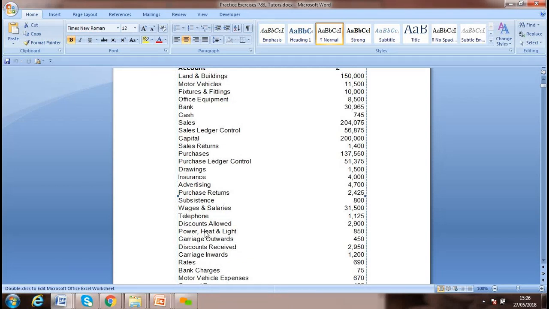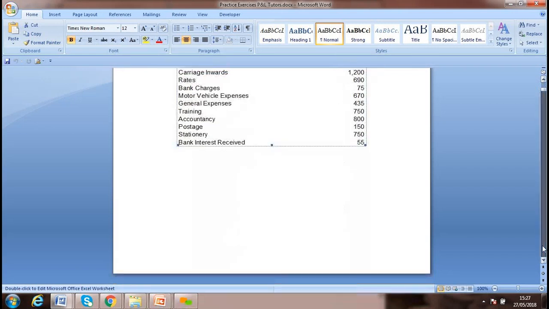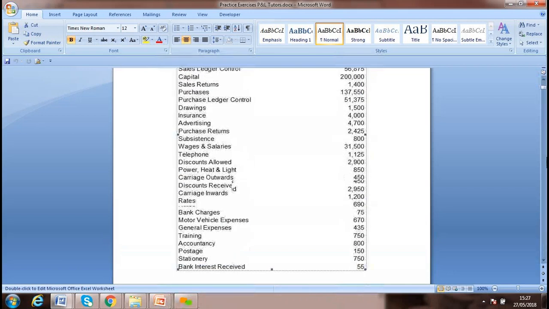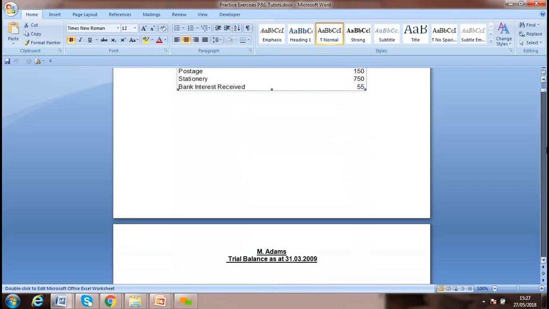Carriage inward means we pay the delivery charge when we purchase our goods. So the goods are coming inward into our organization and we pay delivery charges for it. Okay, next.